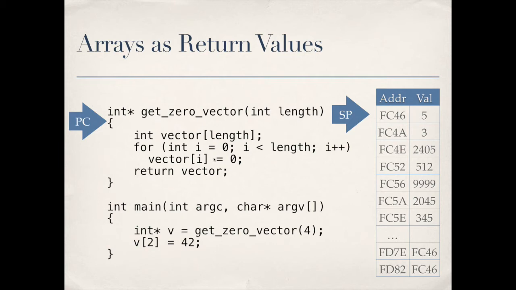Since we are now calling a function, we have to do a little bit of bookkeeping work, because we will have to return something, and this value has to be stored somewhere. So we allocate this address, and this will be the place where we store the return value. That's why we call it RV.